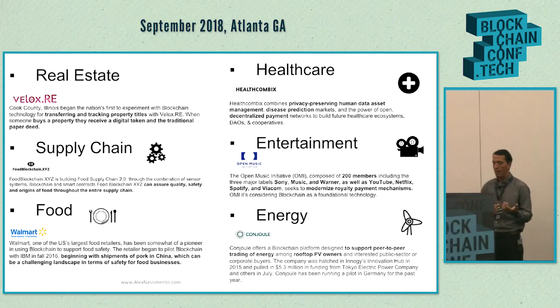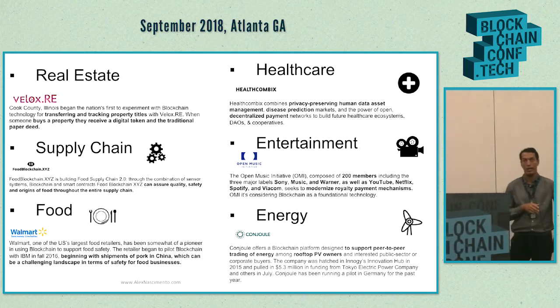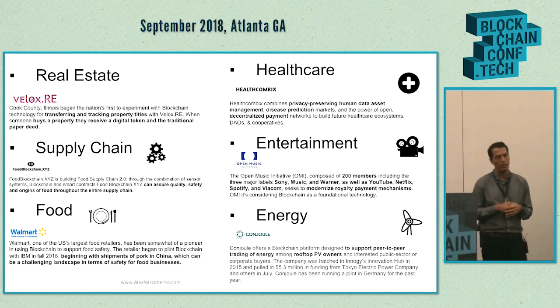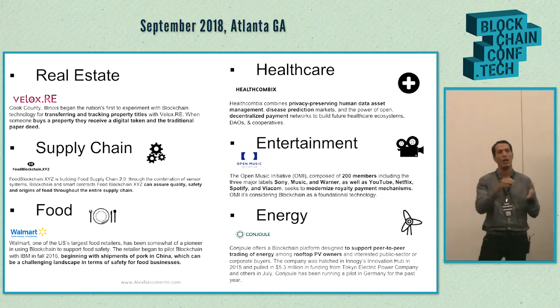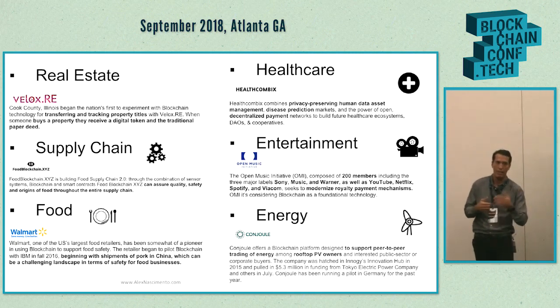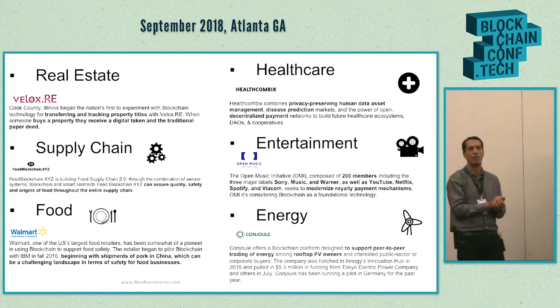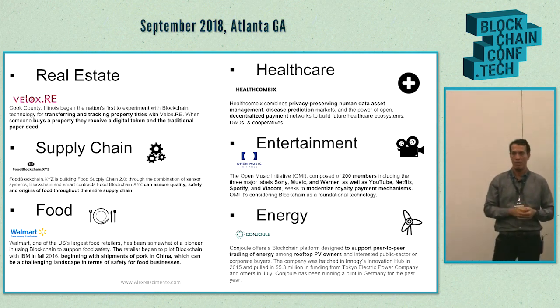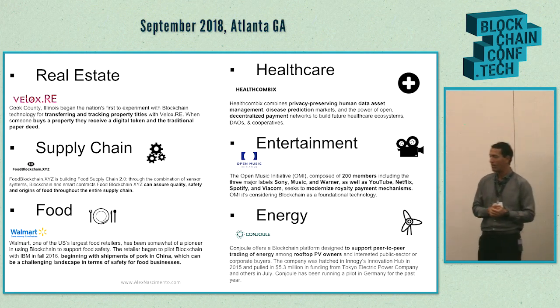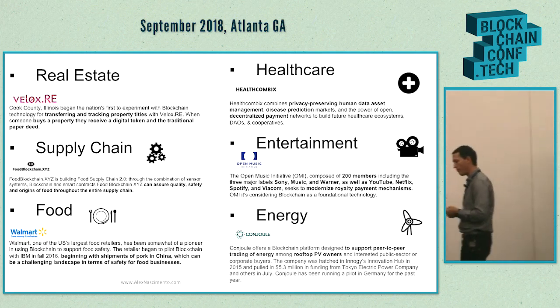In supply chain management, food blockchain.xyz is doing that whole tracking of production, like I mentioned, so that our sole believer here that we're eating only organic food can be certain that we are really eating organic food.